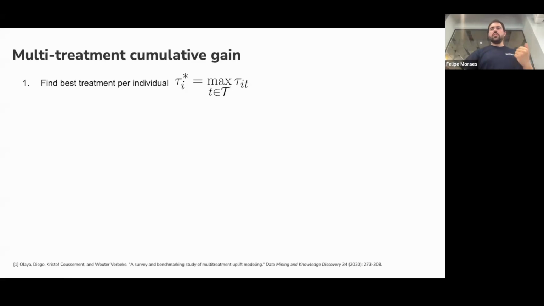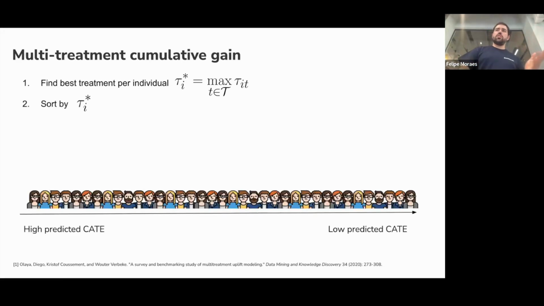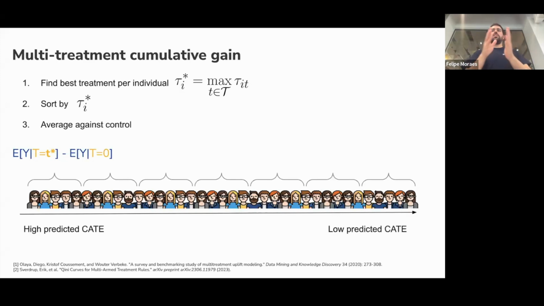So in this case, you select the best treatment effect of all the treatments. You sort based on the treatment effect of the best one. And again, you just calculate the average against 0, against the control group, of doing this treatment effect of the best case. And you can do the same curves and the same things.